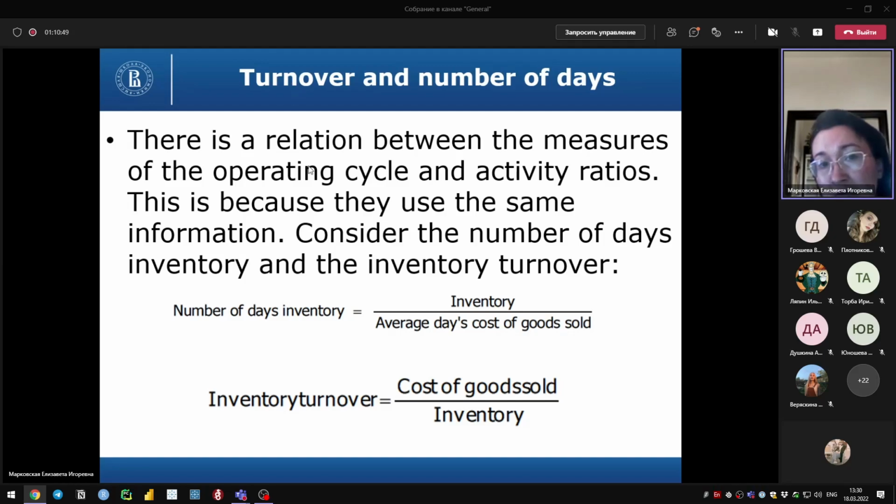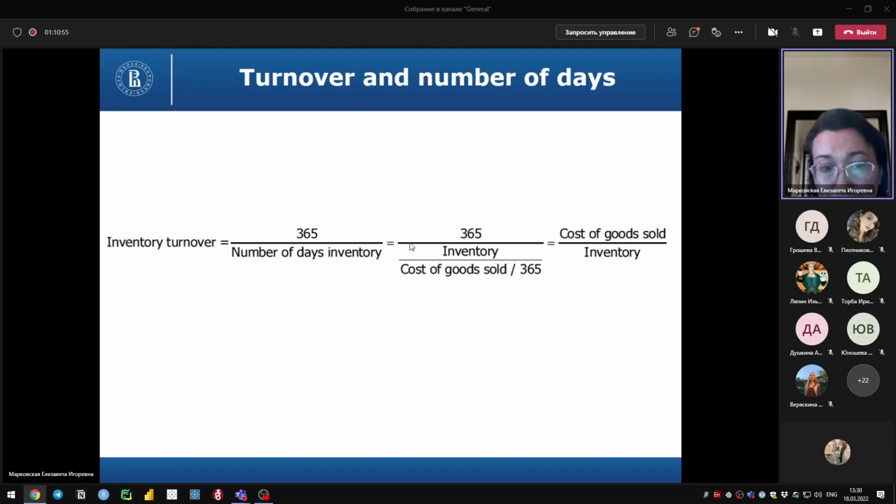So please take into account this relation and connection between the measures of the operating cycle and activity ratios.